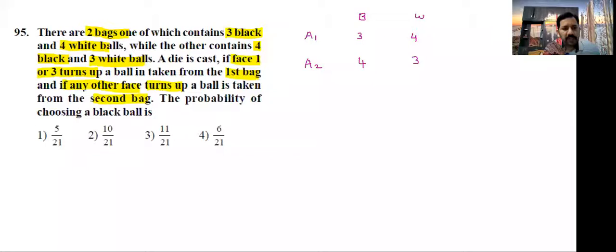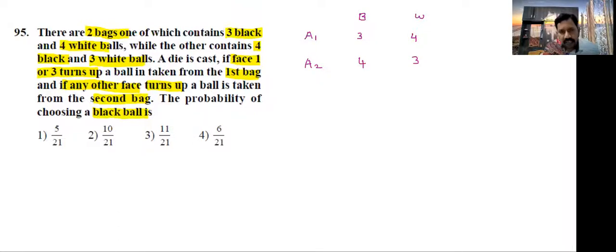The probability of choosing a black ball is, here we need to select a black color ball. So first we want to select a particular bag, A1.